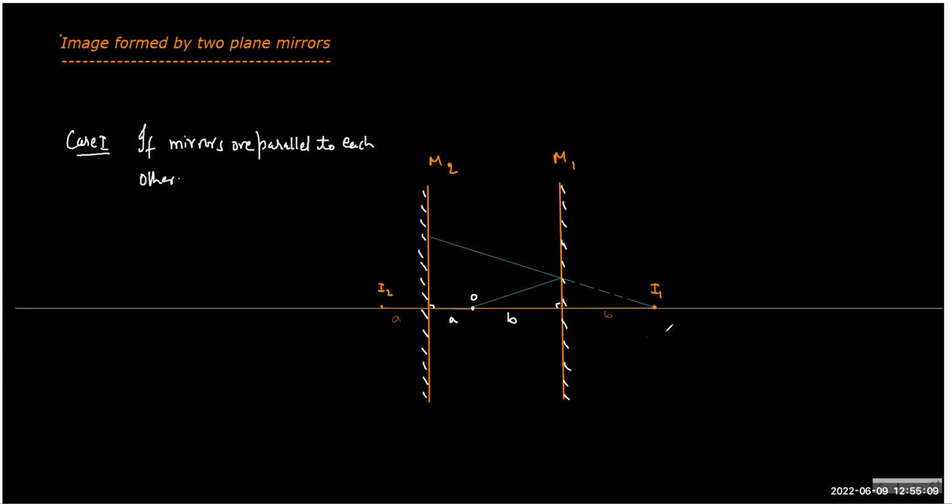And similarly, you can see the light ray will move this way. So the object, which is already there, will form the first image, as you can see, at A and B.